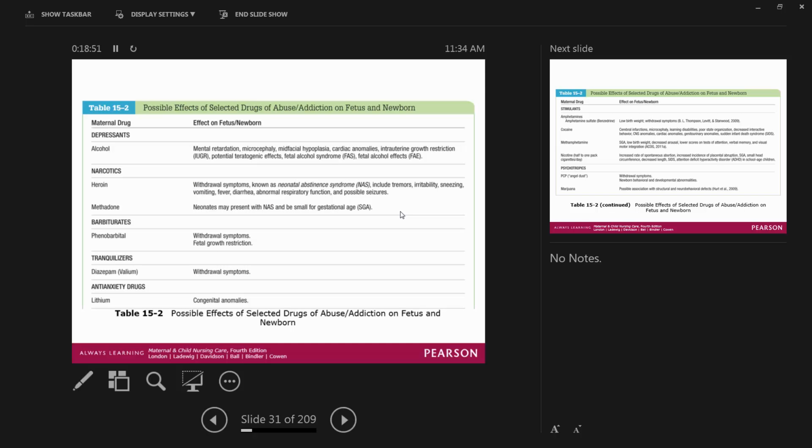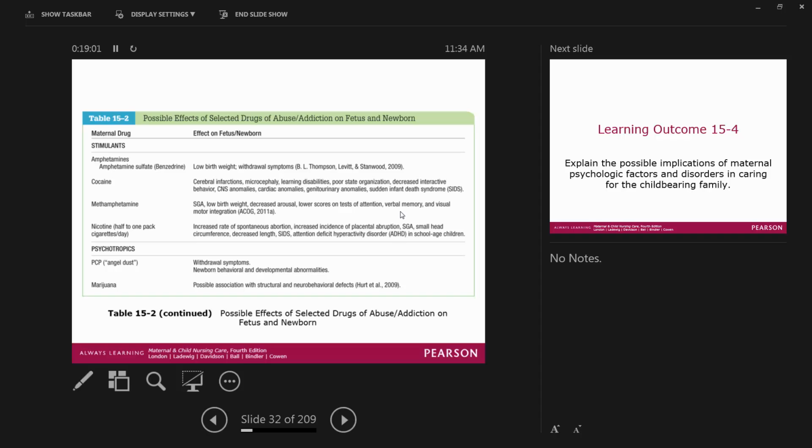All right, so these next few slides I've just put in here. They have the alcohol, the narcotics, the barbiturates, drugs that mom could be taking while pregnant. There's two of the slides. And it just breaks down kind of what baby's looking forward to with a mom who does drugs.